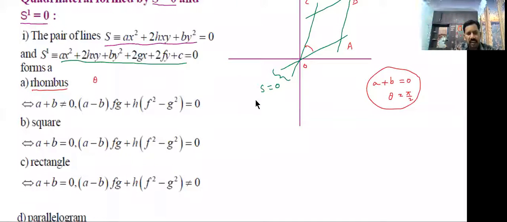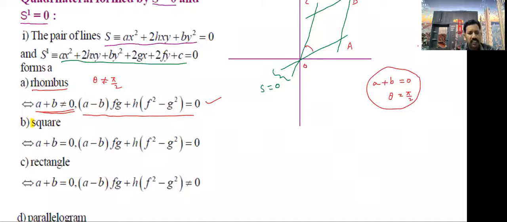Theta is not equal to 90. That's why here they have given a plus b not equal to 0 and (a minus b) into fg plus h into (f square minus g square) not equal to 0. These two conditions satisfied means we will say that the quadrilateral is a rhombus.